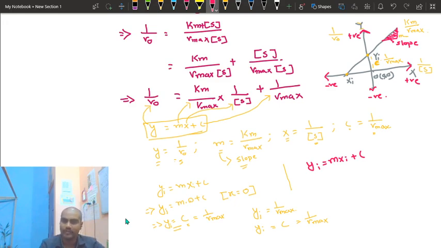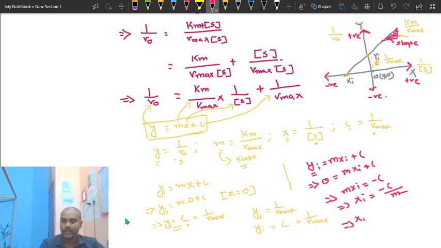That means the value of the y-axis intercept will be 0. That means 0 is equal to m into x-axis intercept plus c. So what should be the value? The value of m into x-axis intercept plus c is equal to minus c, and the value would be minus c by m. So this is the value of the x-axis intercept.